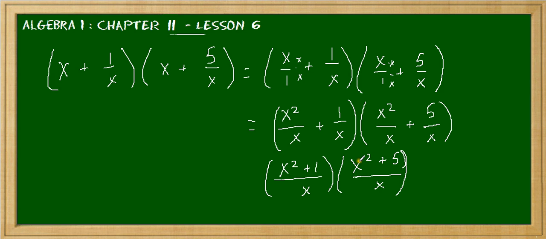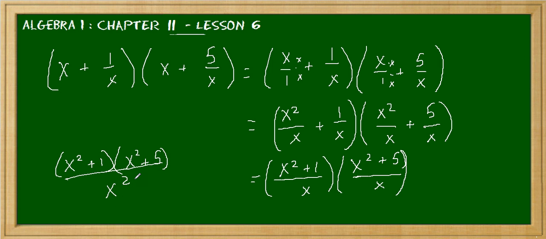Now if we multiplied them, it would look something like this. x squared plus 1 times x squared plus 5, and what's x times x? That would be over x squared.